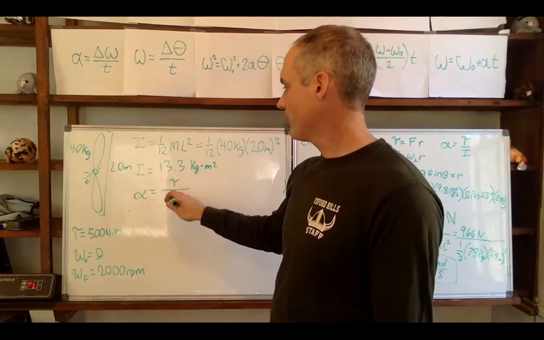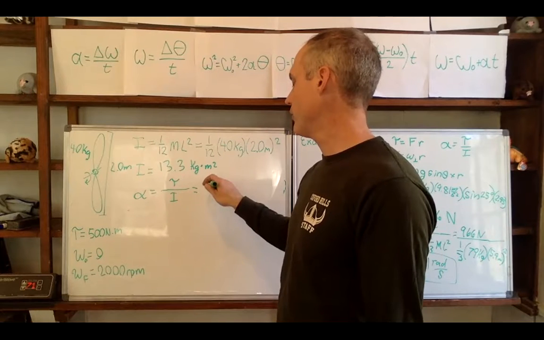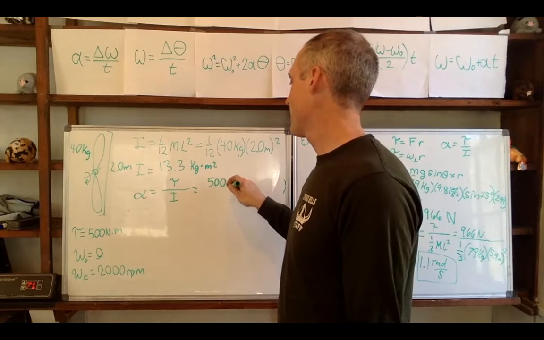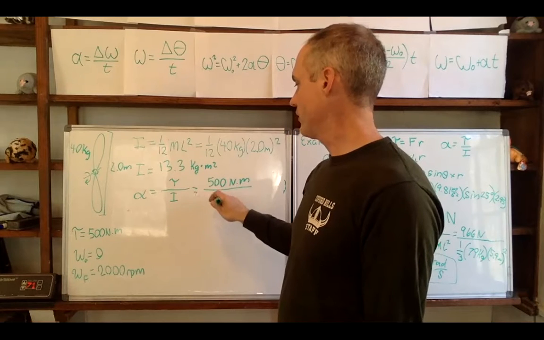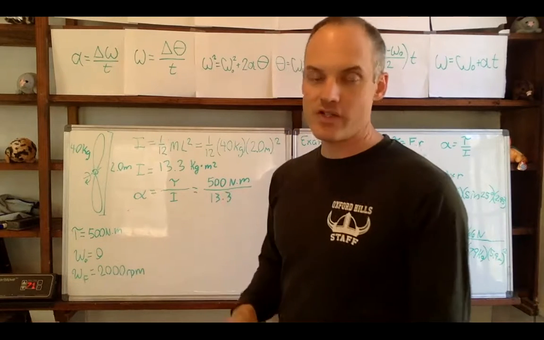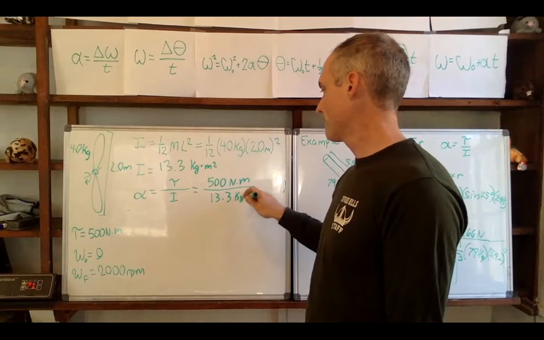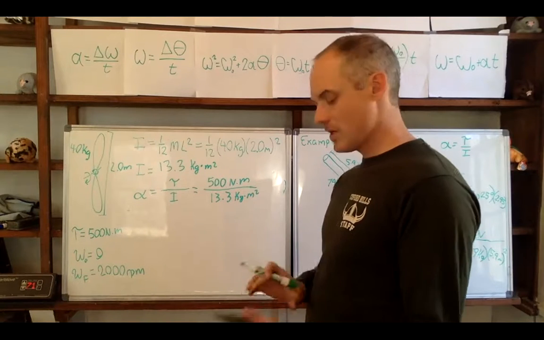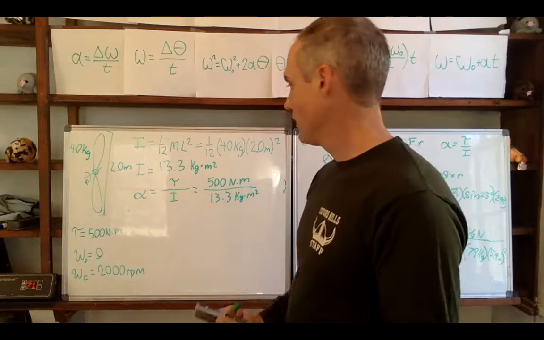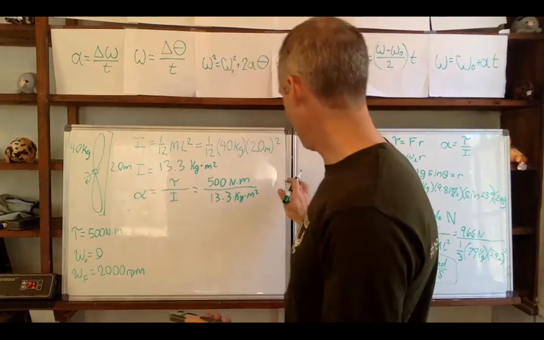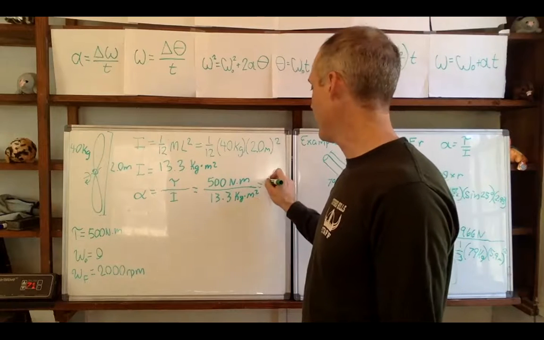So our torque and inertia are both known because our torque is 500 Newton meters, and our inertia is 13.3 kilograms meters squared. So we'll do 500 divided by that, and our angular acceleration is 37.5.